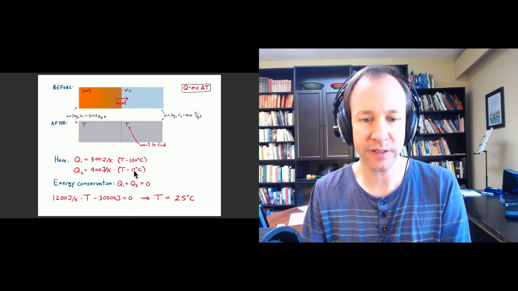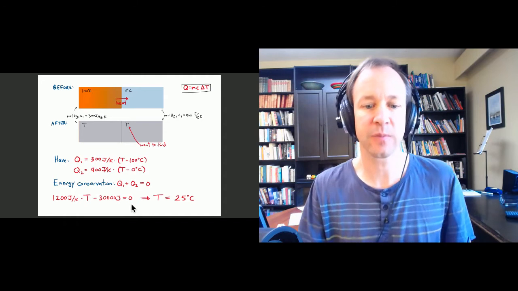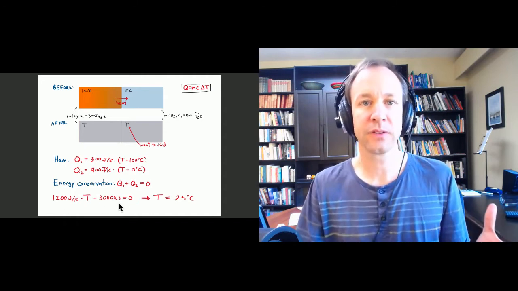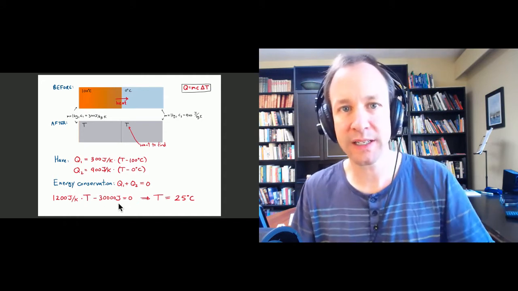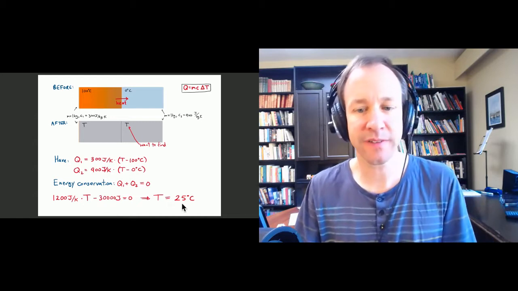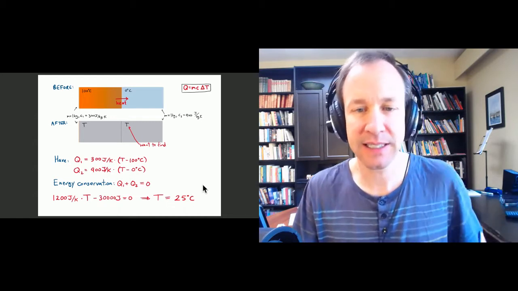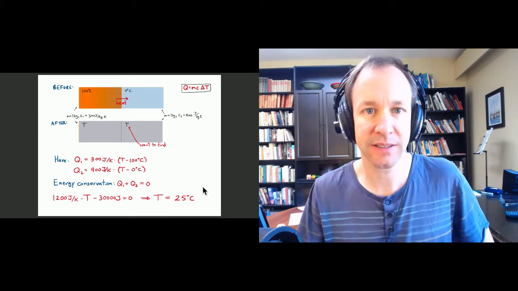There's a 0 here, so we don't get any extra contribution. So there's our equation, one unknown, T. We solve for that, and it ends up giving us T equals 25 degrees Celsius.